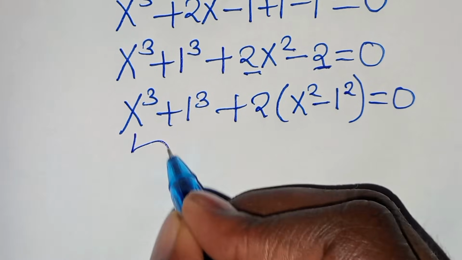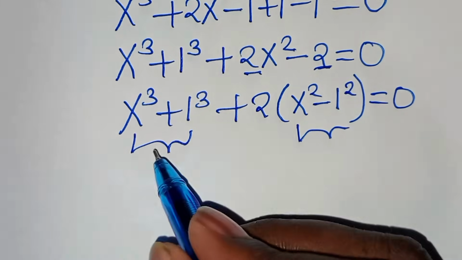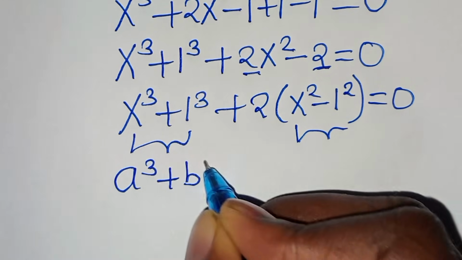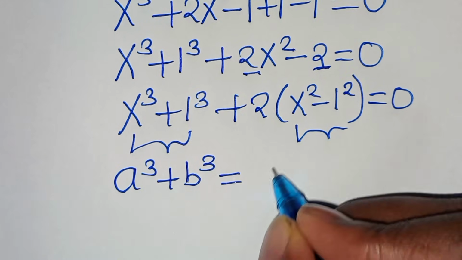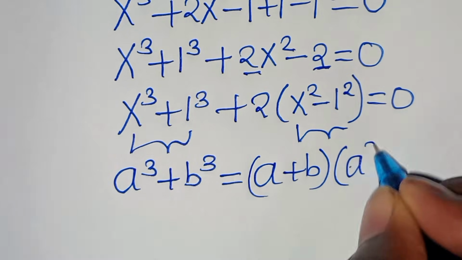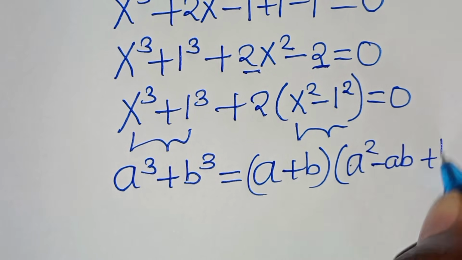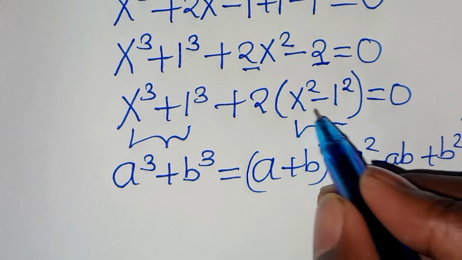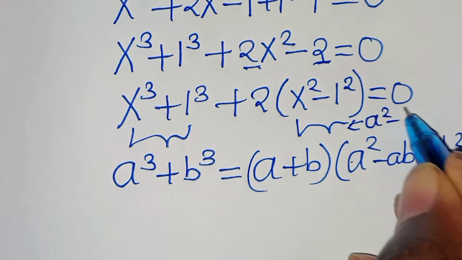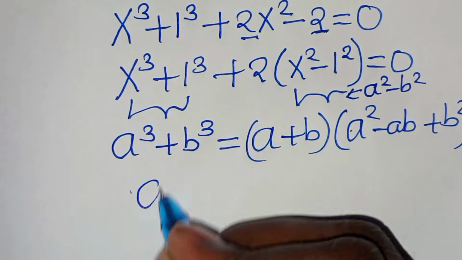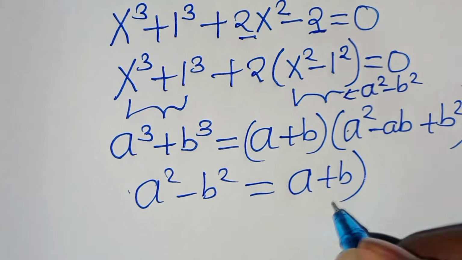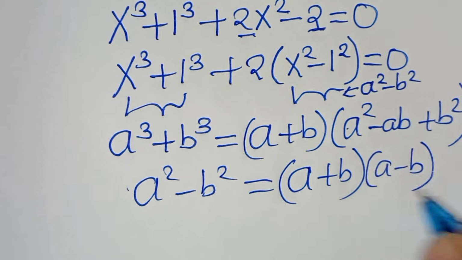Now, we have got two parts here. From the first part, this is actually the sum of two cubes expressed as a to the power of 3 plus b to the power of 3, which we can express as a plus b into the parentheses. This is a squared minus ab plus b to the power of 2. The second part here, this is the difference of two perfect squares expressed as a squared minus b squared, which can be expressed as a plus b multiplied by a minus b.